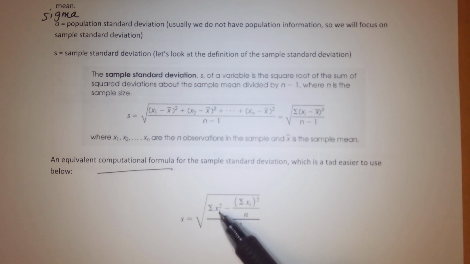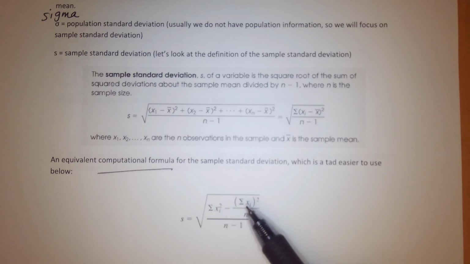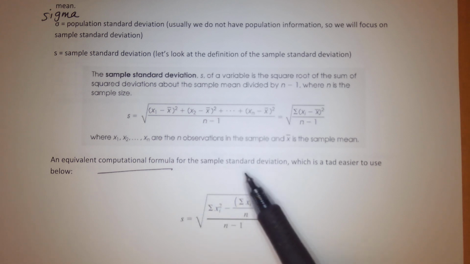So these are all of your data points, and if you square each of your data points, you take the sum of all of those squares, and then we subtract the sum of all of the data points collectively, then squared, divided by the sample size, divided by n minus 1, all under the square root. So either one of those we can use, which we're going to do now.